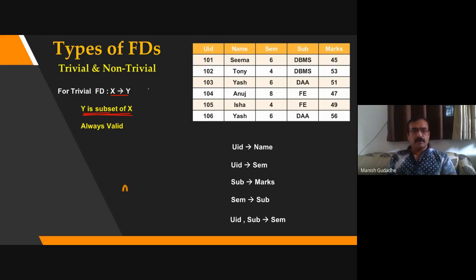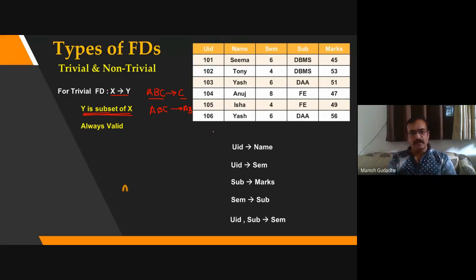I'll take an example: ABC determines C. So the ABC super key can determine the value of C. That means in this case, C is a subset of ABC, C is part of ABC. Or in other case, I can also say that ABC is able to determine AB. It is also true. So when Y is a subset of X, that becomes a trivial dependency.